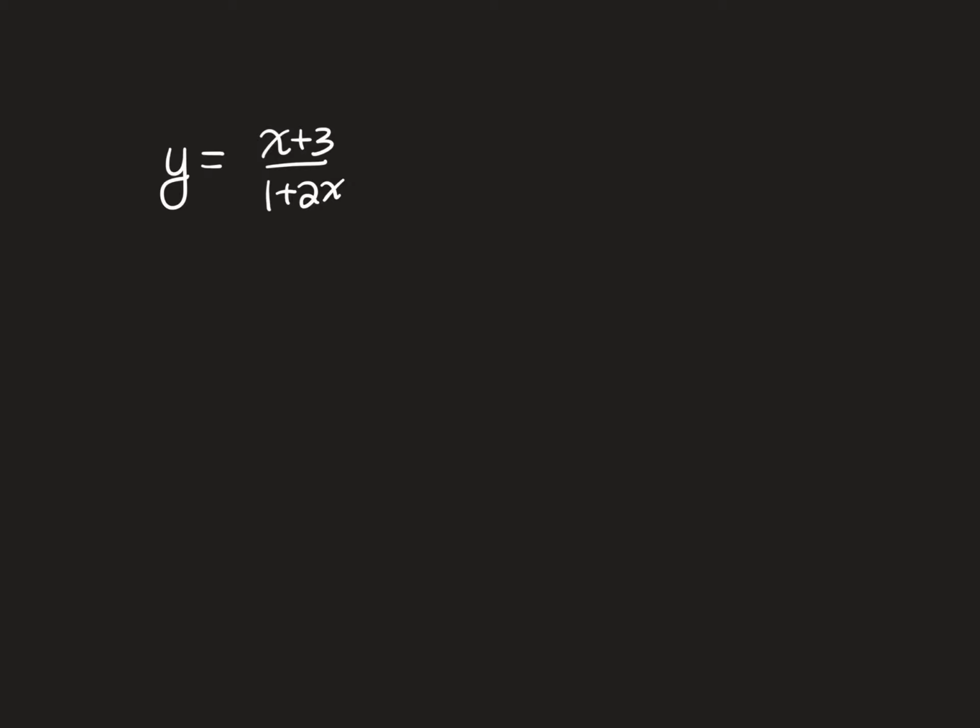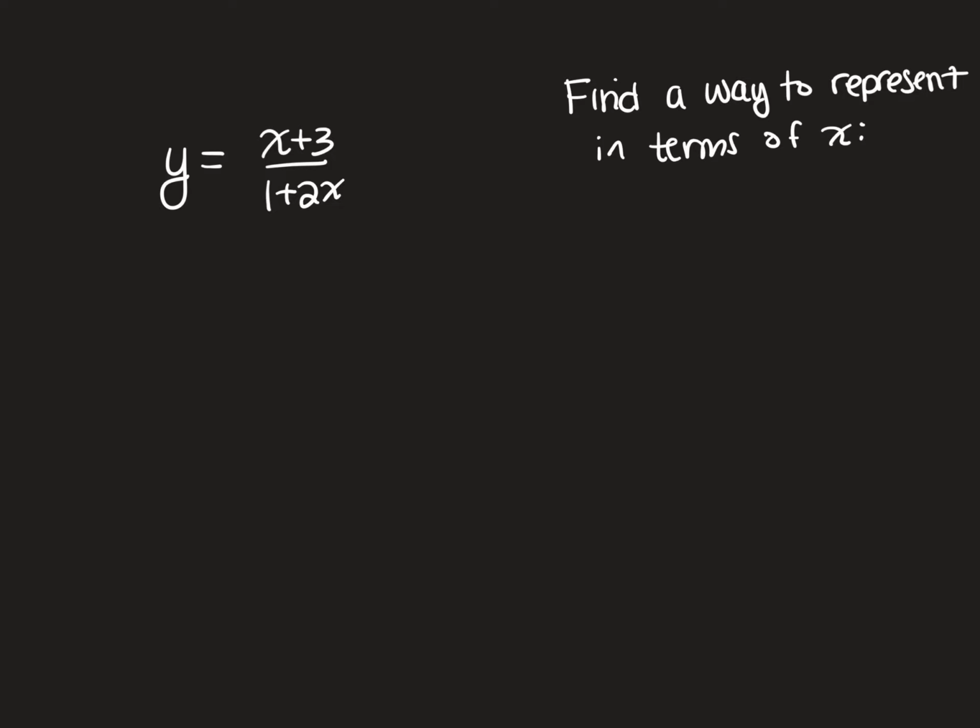What I want you to do is find a way to represent the next expression only in terms of x. Now, what that means is I'm going to take this y plus 2 over 1 minus 2y.